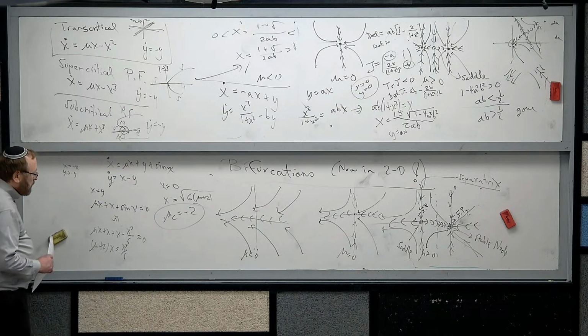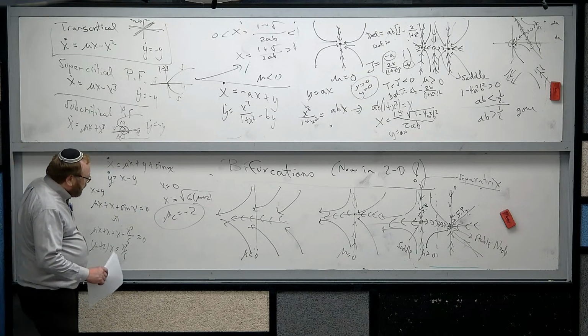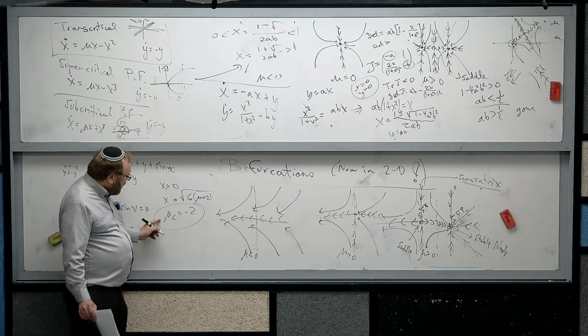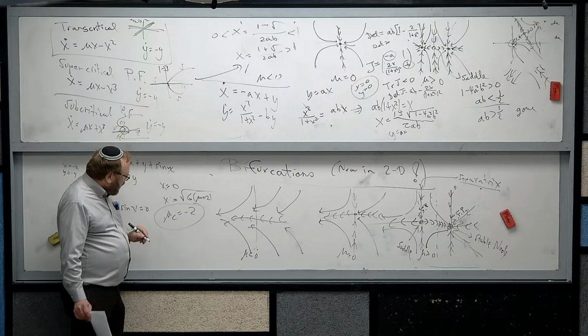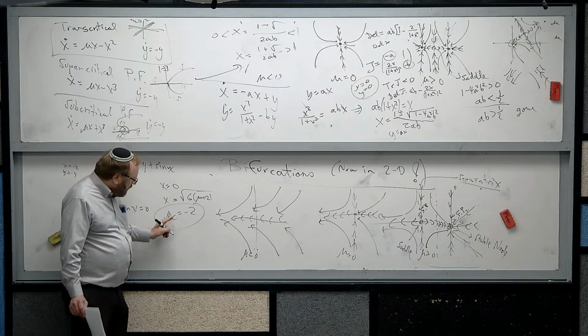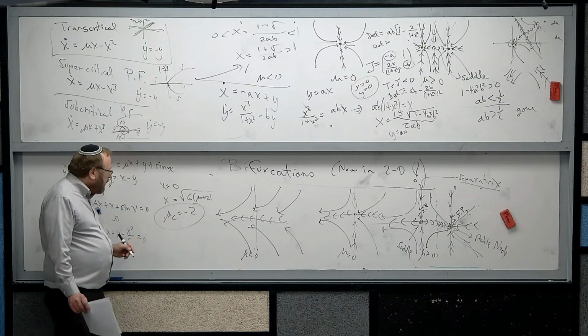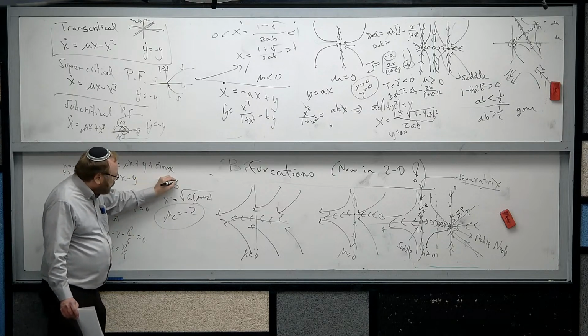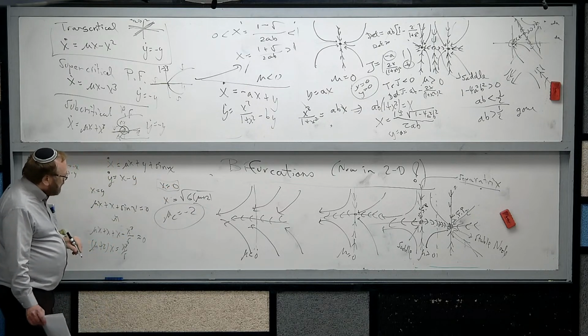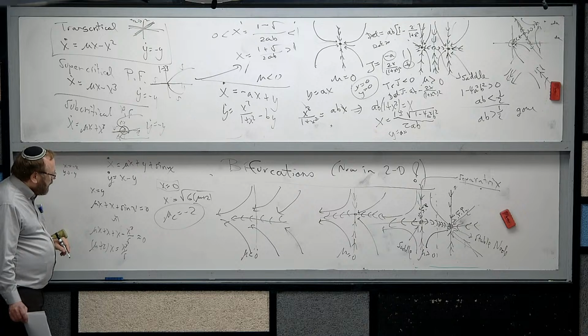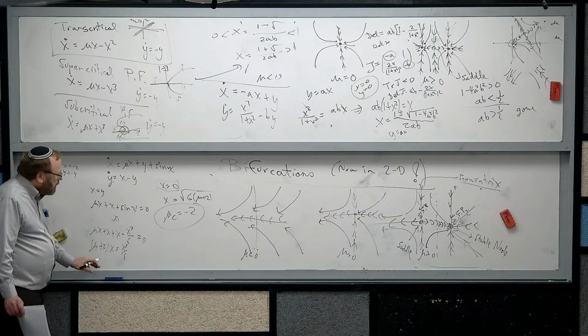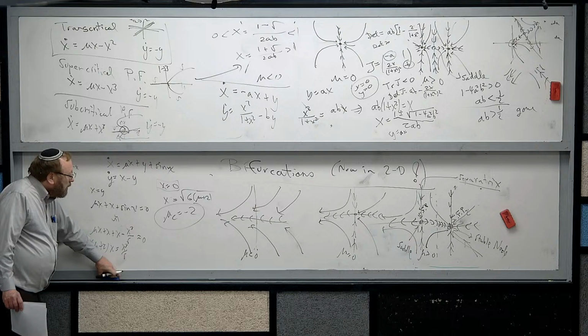When mu is greater than minus 2, then we have our three solutions. When mu is less than mu critical, then we only have the x equals 0 solution, and that is the way that works.